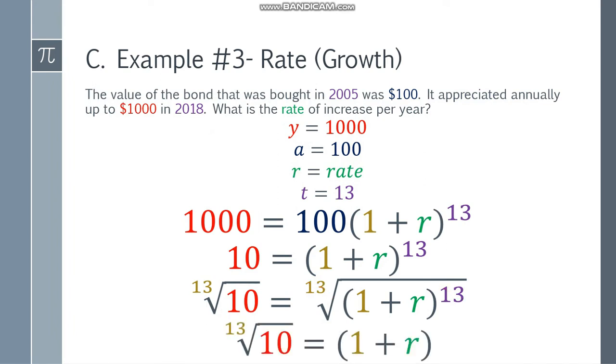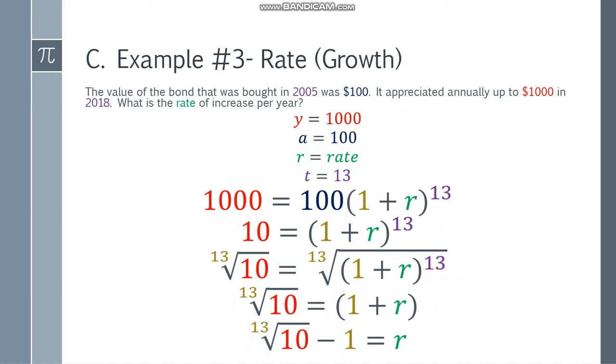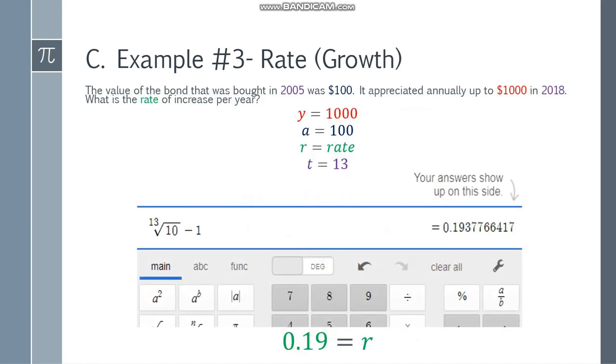So, 13th root of 10 is equal to 1 plus R. At para mahanap yung R, minus ka lang ng 1. Lipat mo lang yung 1 sa kabila, and that's the value of R. So, sa calculator natin, like this. The 13th root of 10 minus 1, you will get an answer of 0.19377, and so on. Or, ang sagot ay 0.19.